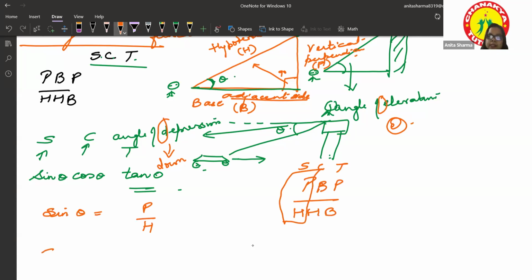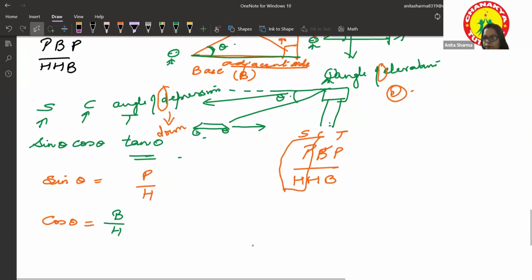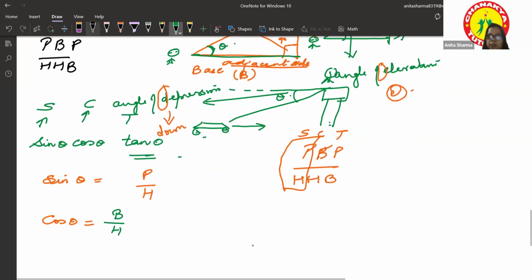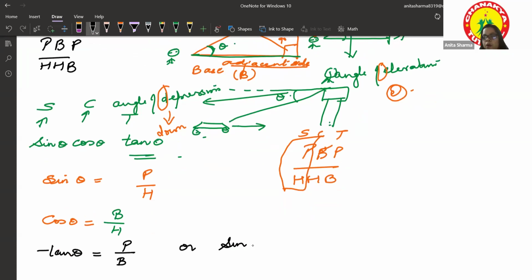The second is cos theta, and the second ratio is B by H, so you will write base upon hypotenuse. The third basic trigonometry function is tan theta, which is perpendicular upon base, or the ratio of sine theta and cos theta.